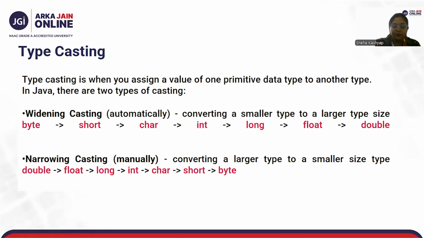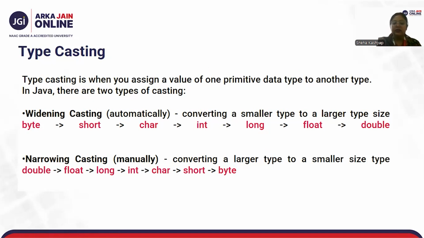Converting from smaller to larger is easier, but converting from larger to smaller is quite difficult. So while converting from smaller to larger, we call it widening casting.